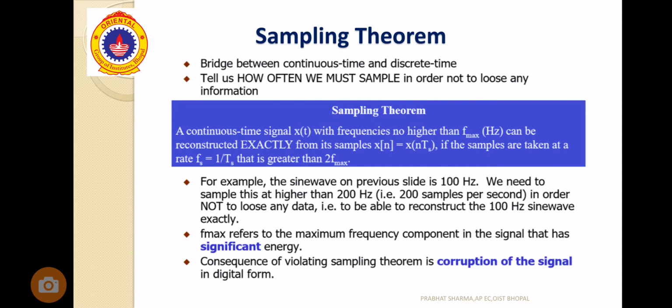If a message signal is of frequency fm, then the sampling frequency fs must be greater than or equal to twice fm according to the sampling theorem.